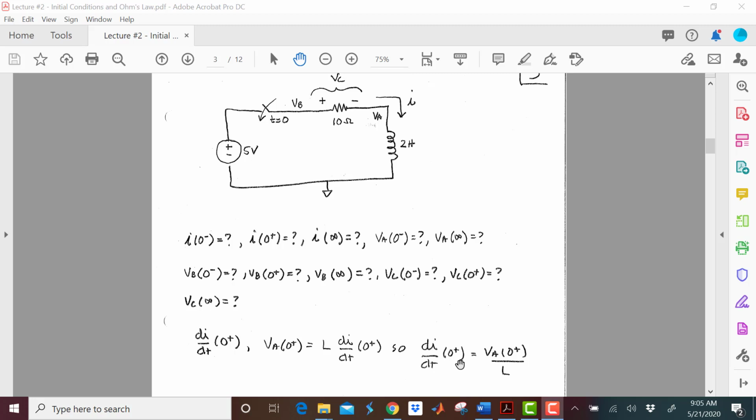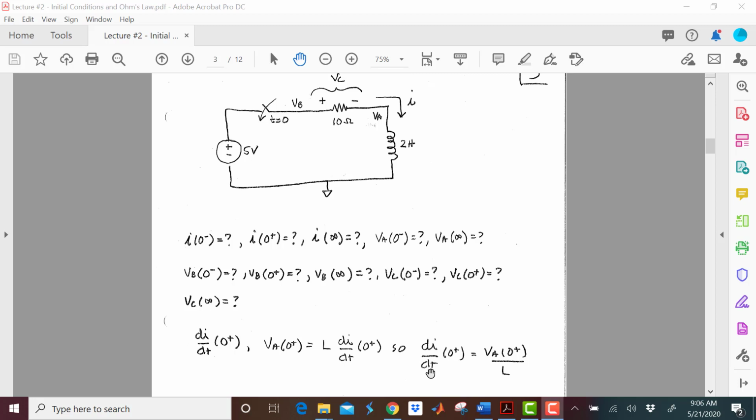In order to get di dt, I'm going to use the equation of V, and I said VA, but that's really the voltage across the inductor, equals L di dt at 0 plus. Remember here, I'm asked for di dt at 0 plus, because it'll immediately change after that, but I want it at 0 plus. So here's my basic inductor equation of V equals L di dt.